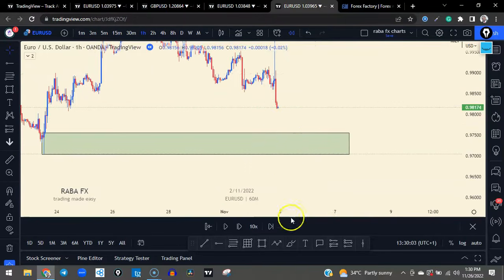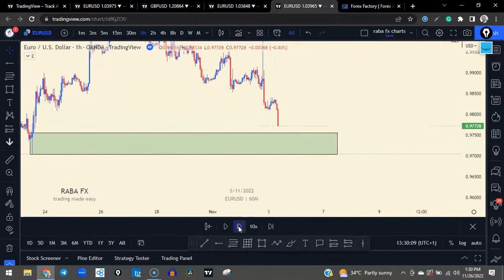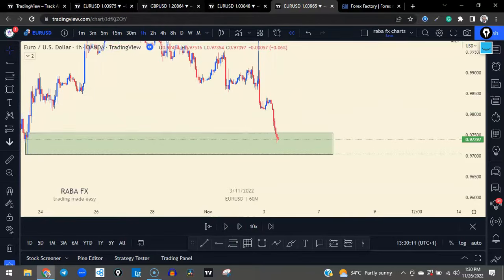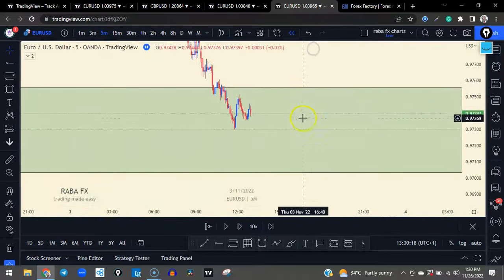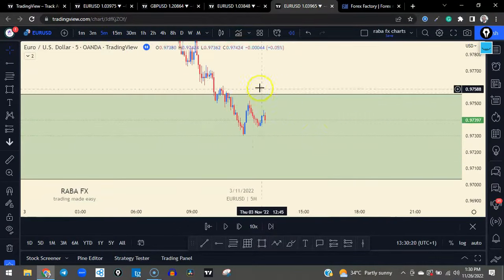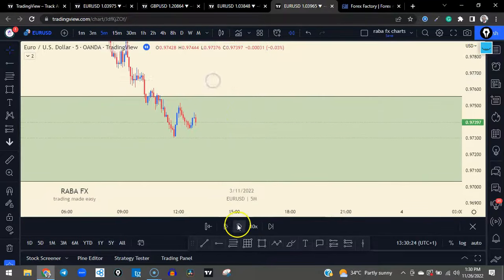As price approaches that level, now price is in here, you go to your lower time frame. In the lower time frame, I'll be looking for a CHOCH. So right now, you just have to keep playing price till you see your entry.